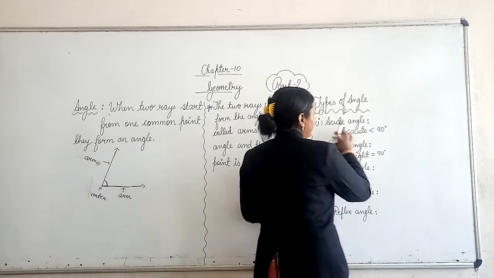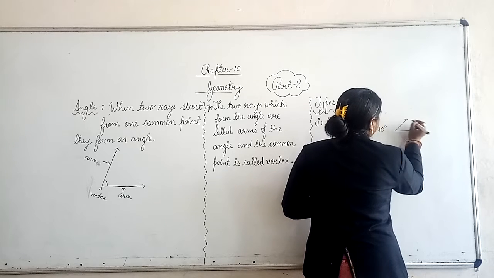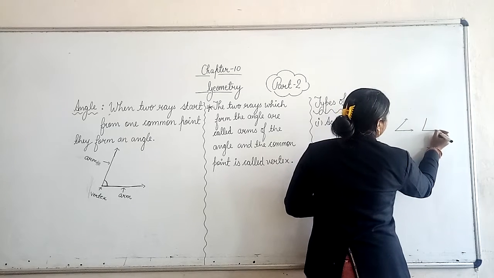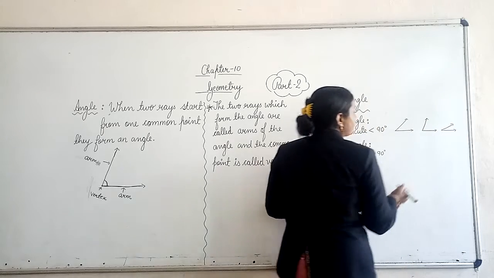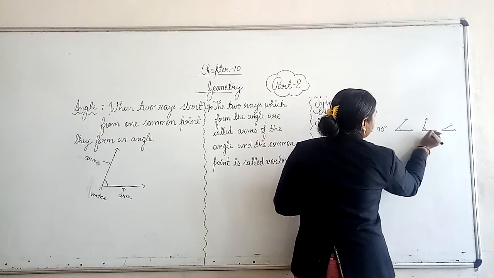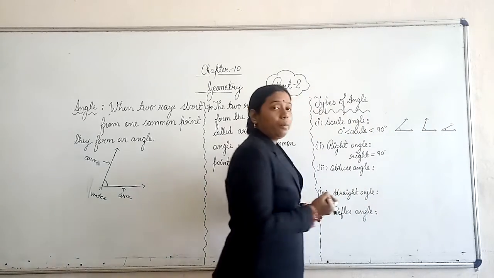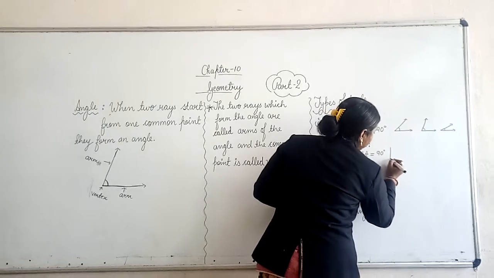If we draw a diagram of an acute angle, it will always be like this. All these are examples of acute angles. When we talk about a right angle, which is equal to 90 degree, it will look like this.